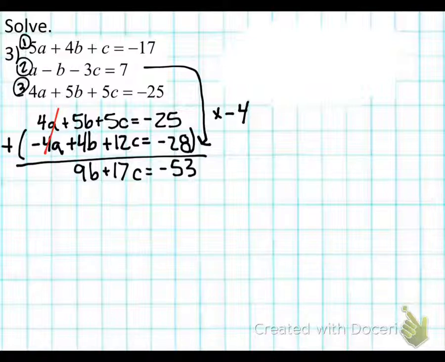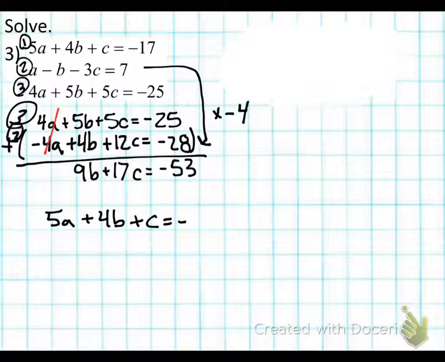So I need to create another system of equations and eliminate the a. I'm going to look at equation 1 and equation 2 again. This is my equation 1, and for equation 2 I'm going to multiply by negative 5 this time so that the a's will cancel out.